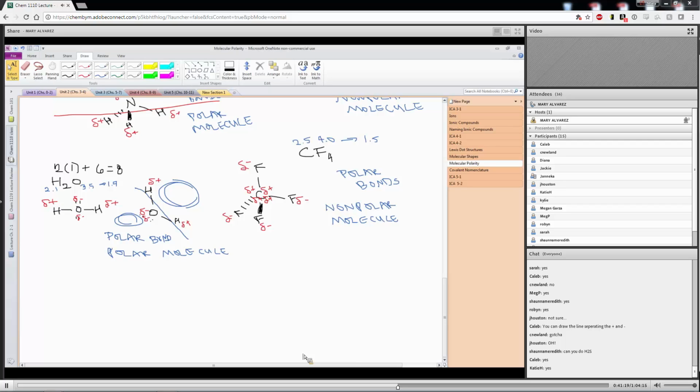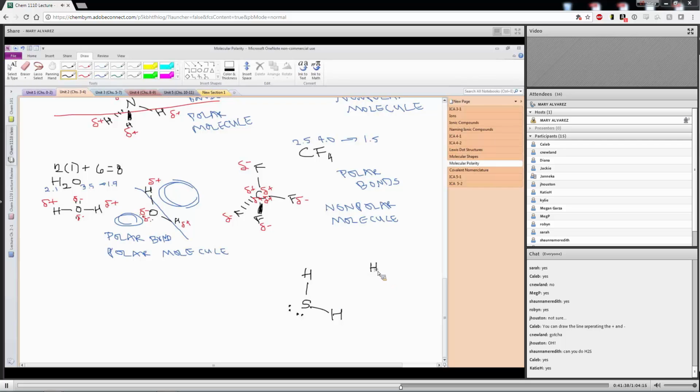Shauna Meredith wants me to do H2S. So we can do H2S. I have no problem with that. H2S looks like H2O, except it has a sulfur in the middle. So here we go. Here's my H2S.